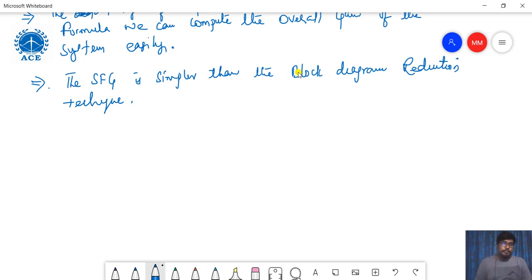SFG is somehow easier for computing the overall gain when compared to the block diagram reduction technique. Now we will see the terms used in SFG.